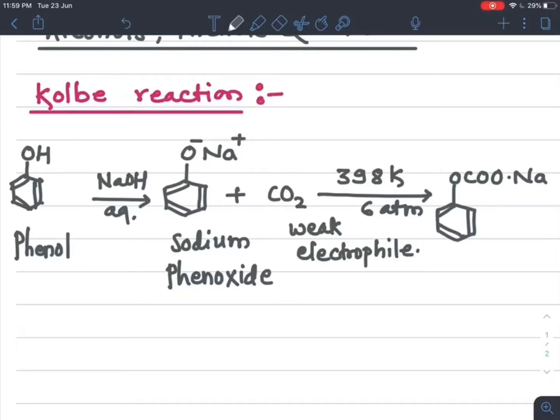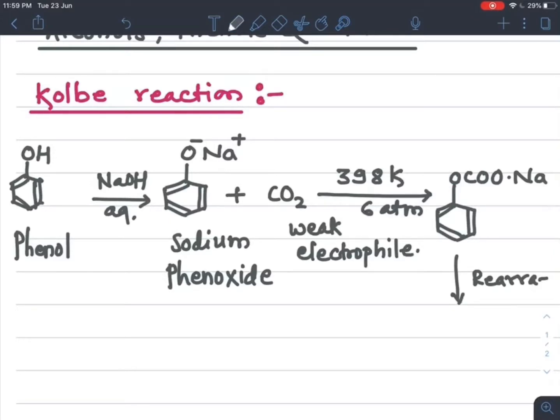On rearrangement, the hydrogen from this ortho position is transferred to this oxygen, and the COONa group is shifted to the ortho position corresponding to this oxygen.